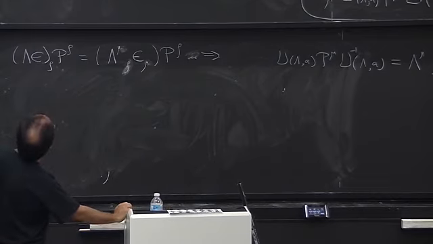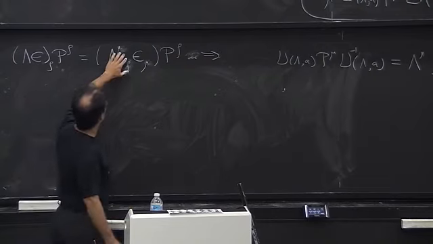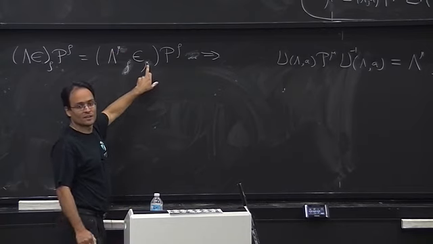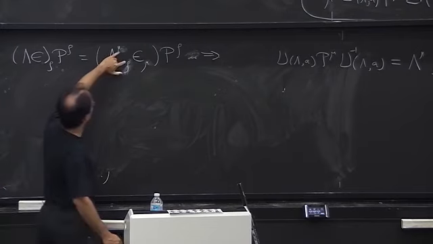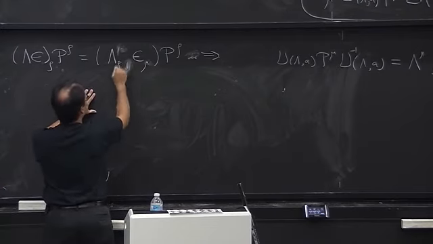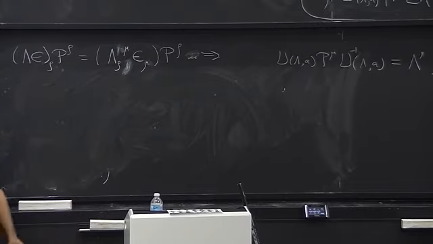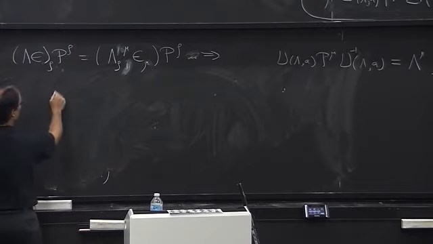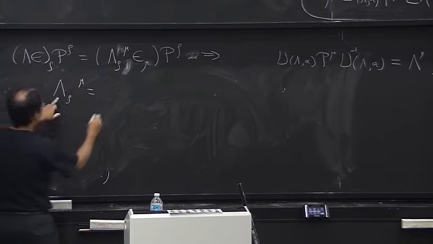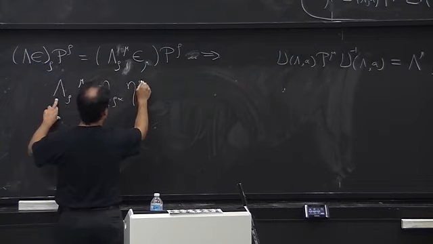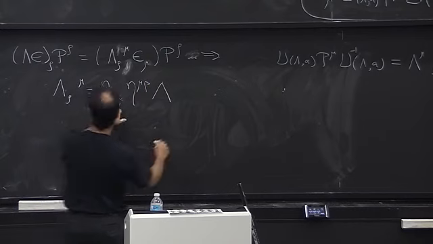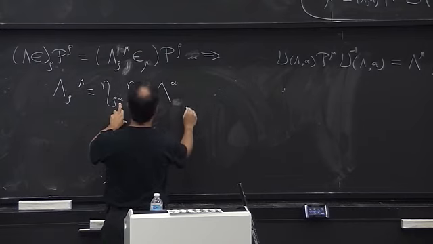Oh, you know what? I see. Oh, of course. The reason is that I had this index down, right? And if I want to have the Lorentz transformation on something that has the index down, I have to use the inverse Lorentz transformation, right? So not this transformation, but this transformation. Okay? So how is this related to that transformation over there? Well, this thing is eta rho alpha, eta mu beta of lambda alpha beta.